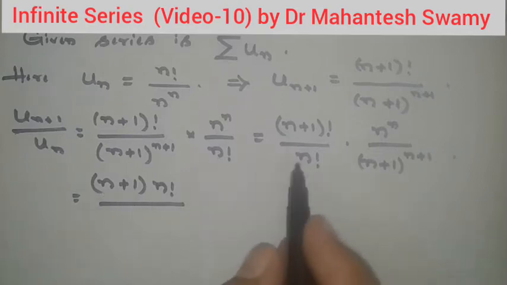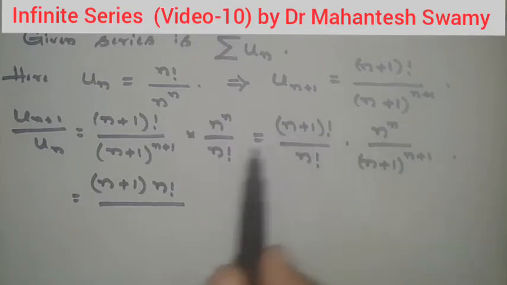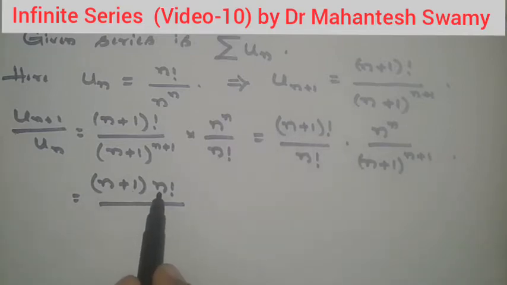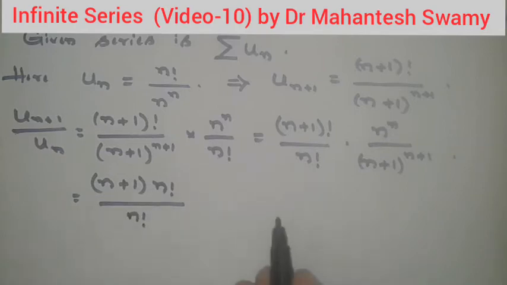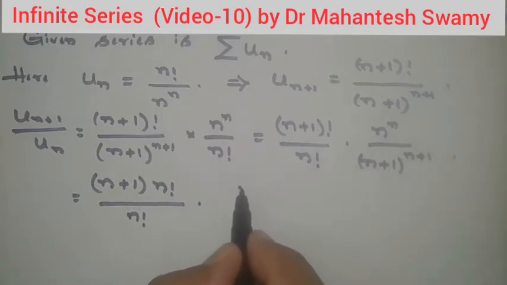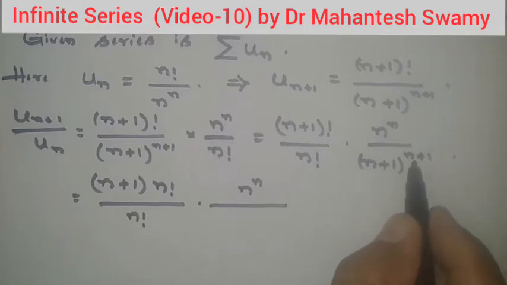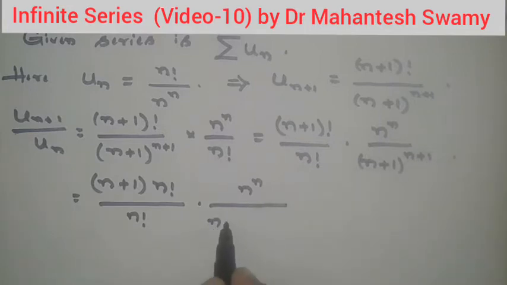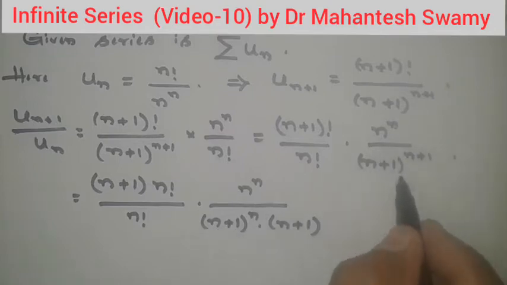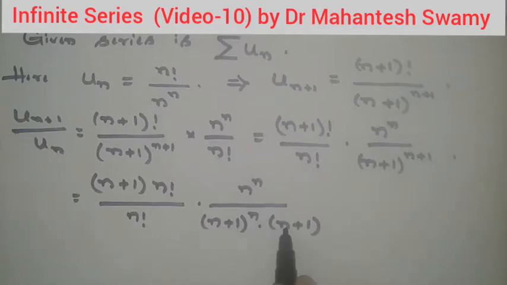So by using that property, n plus 1 factorial is n plus 1 into 1 less, that is n factorial, divided by n factorial as it is, into n to the power n divided by n plus 1 whole to the power n plus 1, which can be written as n plus 1 to the power n into n plus 1. So bases are same. When we add the indices, we get this thing again. So this thing has been expressed like the two terms by using the property of indices.